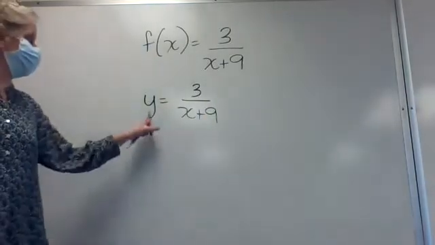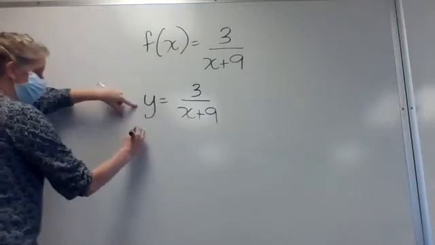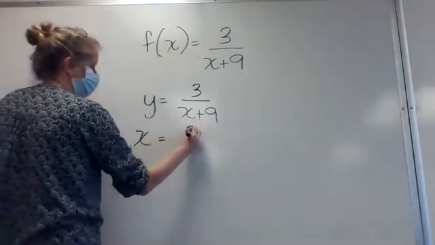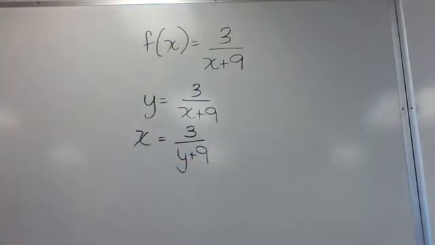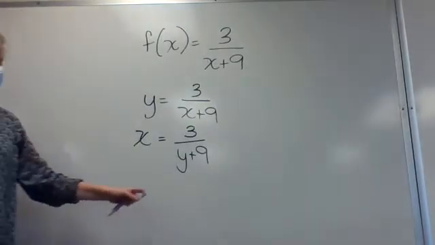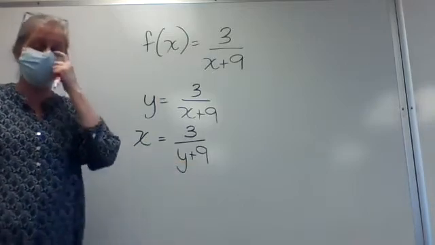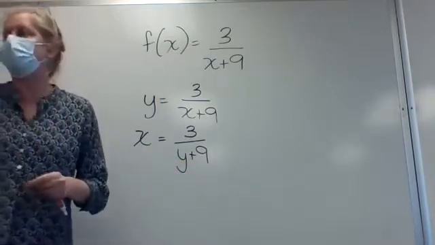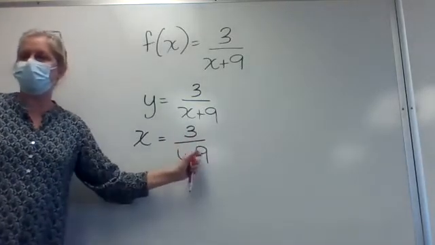Now you're going to invert. So what's this going to look like now? X equals 3 over y plus 9. Good. Now, here's the tricky part: what are you solving for? What do you want by itself? That y. Anytime the variable that you're solving for is in the denominator of a fraction, it can't be isolated while it's in the denominator.